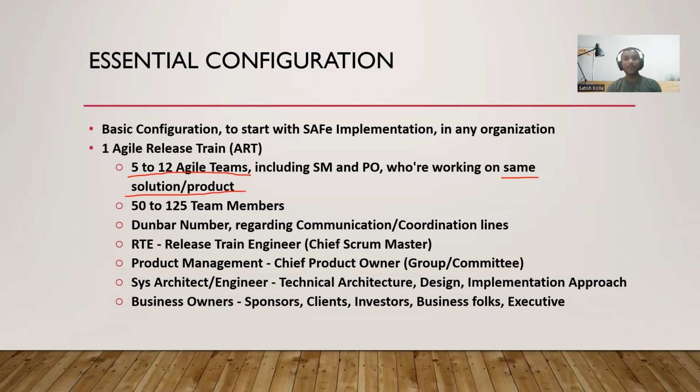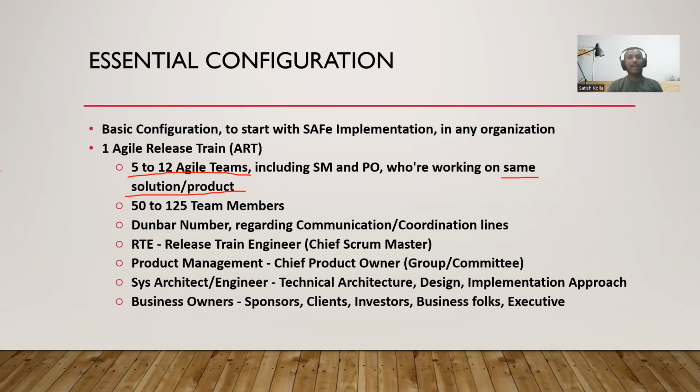It won't give any benefit. That's the reason it is recommended to identify the teams who work on a common solution, common product, common implementation, and who can collaborate and coordinate among themselves, and bring them together as an agile release train.